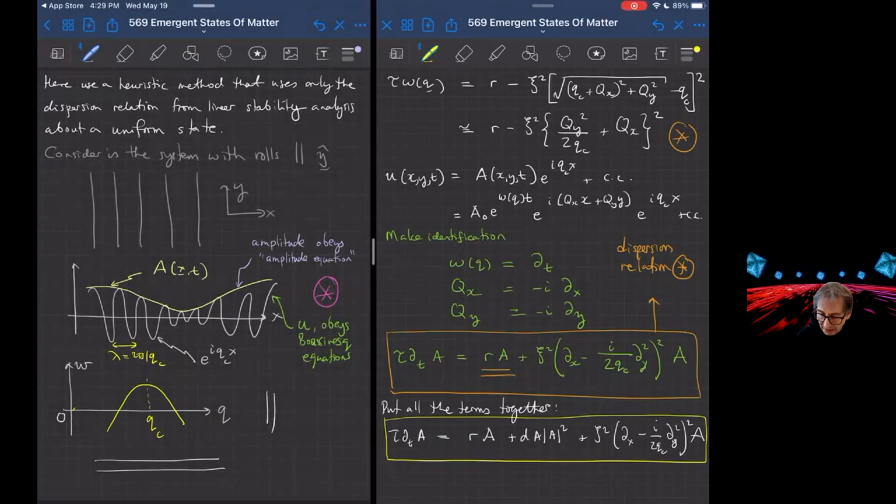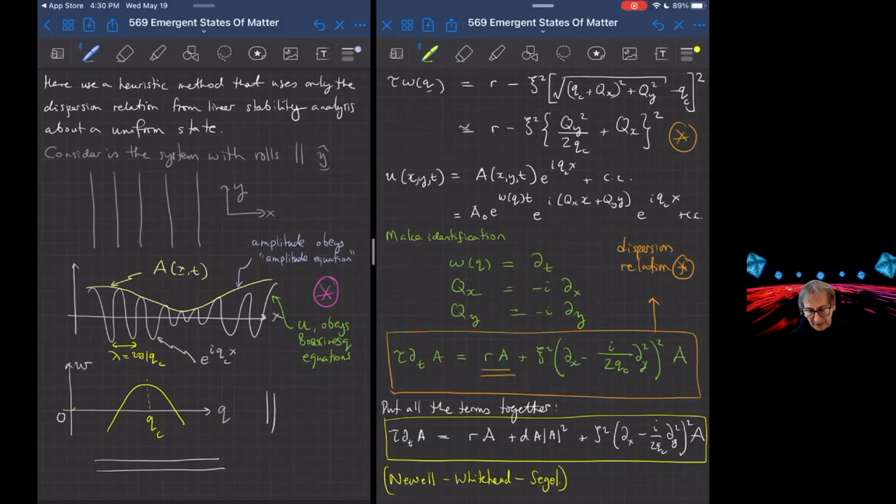And this equation has a name. This equation was first derived by Newell, Whitehead, and Siegel. This was derived sometime in the 1970s.